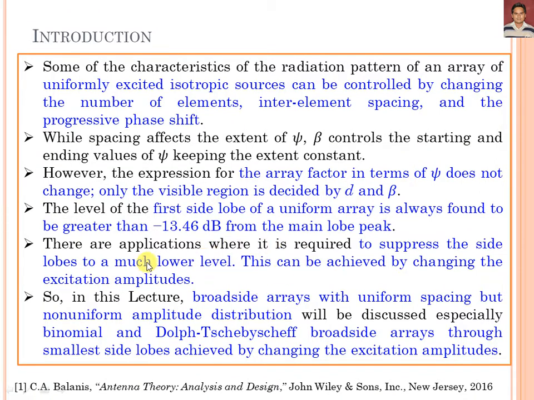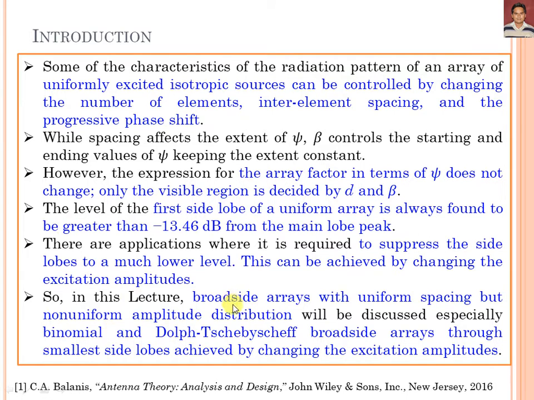This can be achieved by changing the excitation amplitude. So if we want to reduce the side lobe level, we can alter the excitation amplitude. We call this a non-uniform linear array.